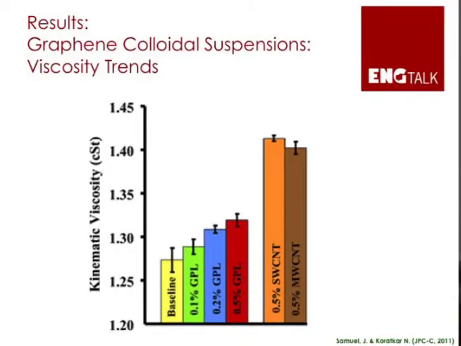Of course, we have to look at viscosity trends because that was the main goal of the study. If we increase the viscosity too much, we are back to the same problem in terms of the performance of the atomizer. What you find is that the addition of graphene barely increases the kinematic viscosity of the cutting fluid.